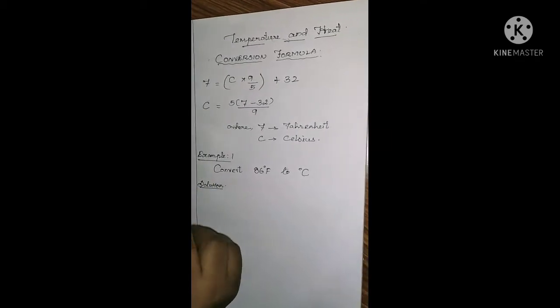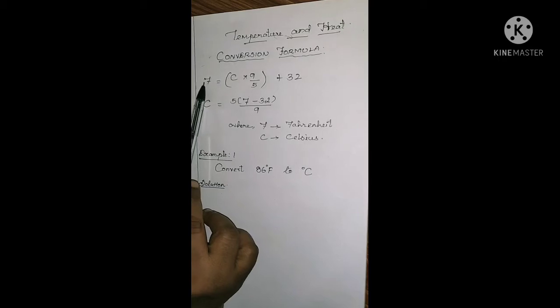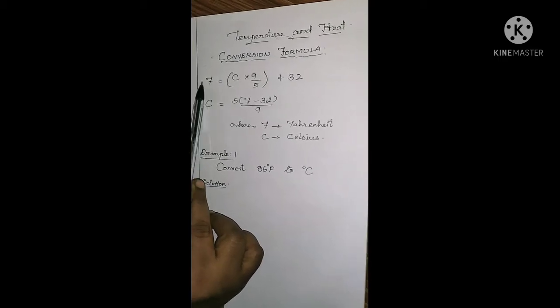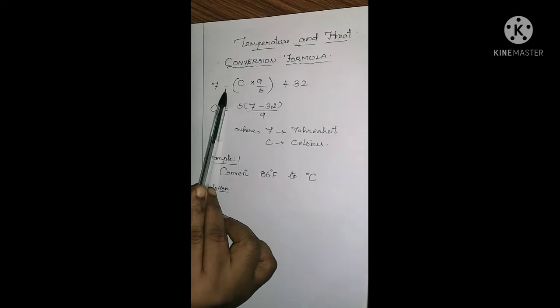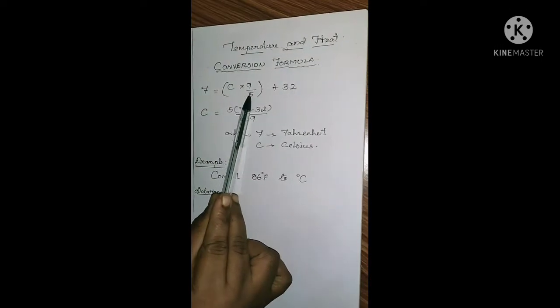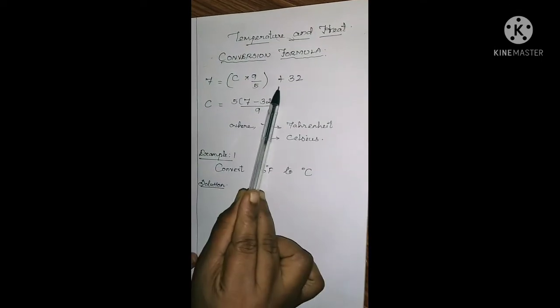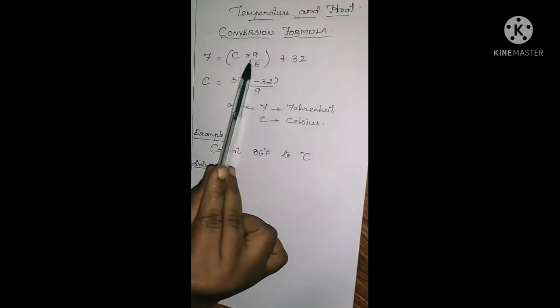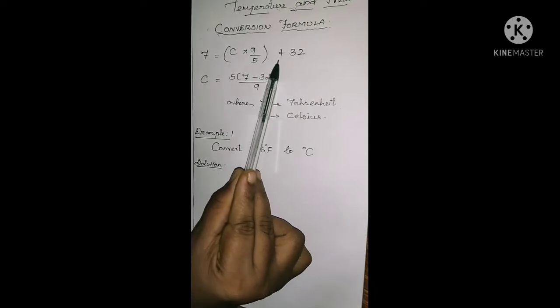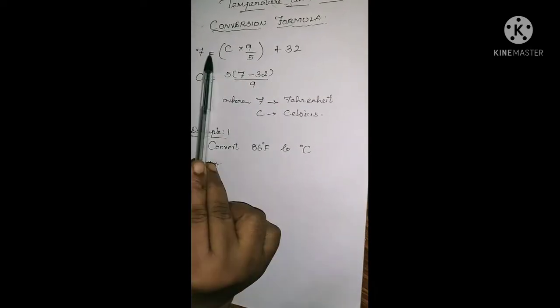If they are asking to convert from Celsius to Fahrenheit, you use this first formula, that is F is equal to C into 9 by 5 plus 32. This you must learn by heart.